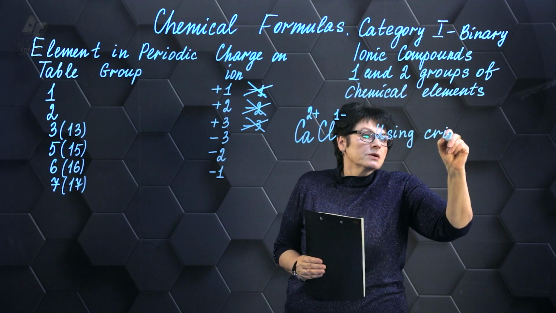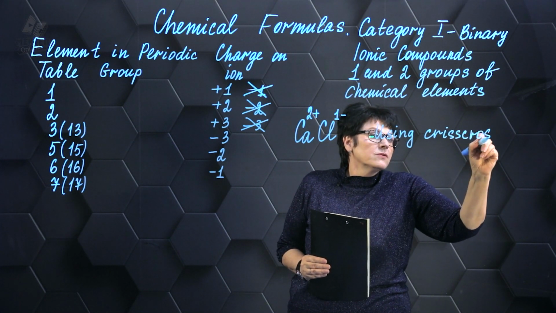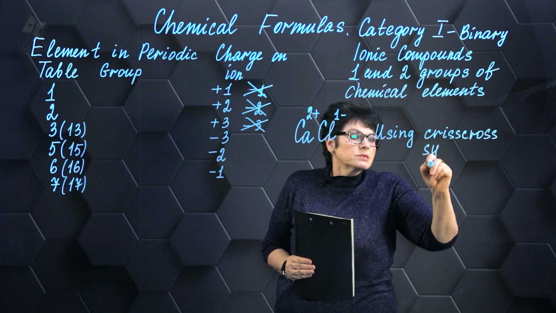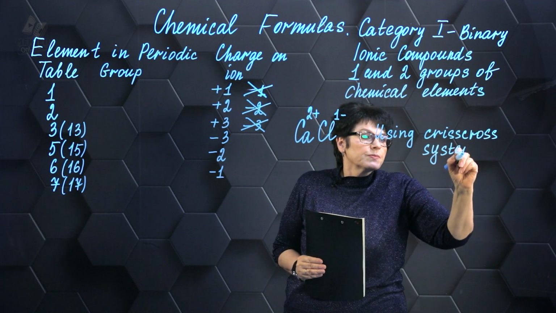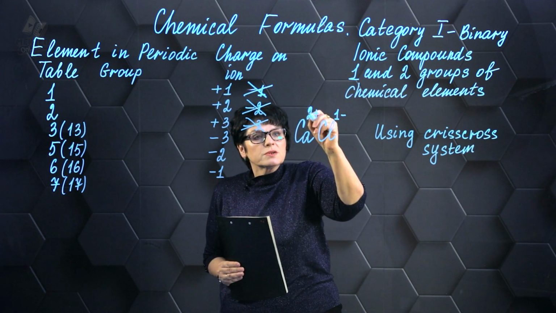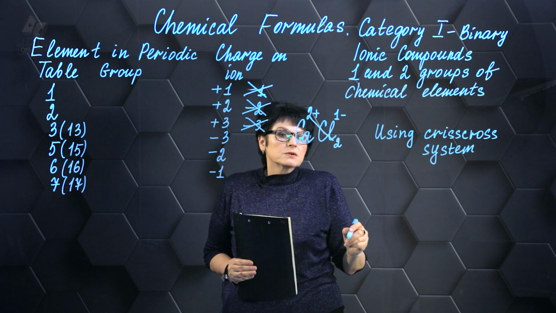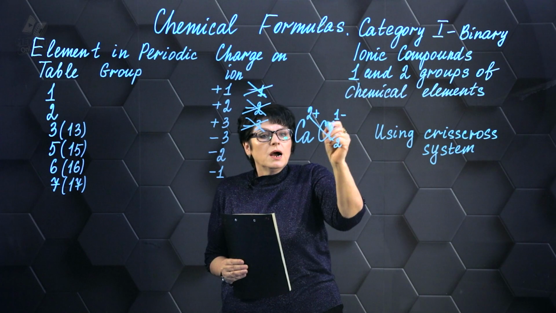And the rule of the cross will take the following form. Well, there you go. This number 2 here acts as an index for chlorine, and this 2 here signifies the charge for calcium.